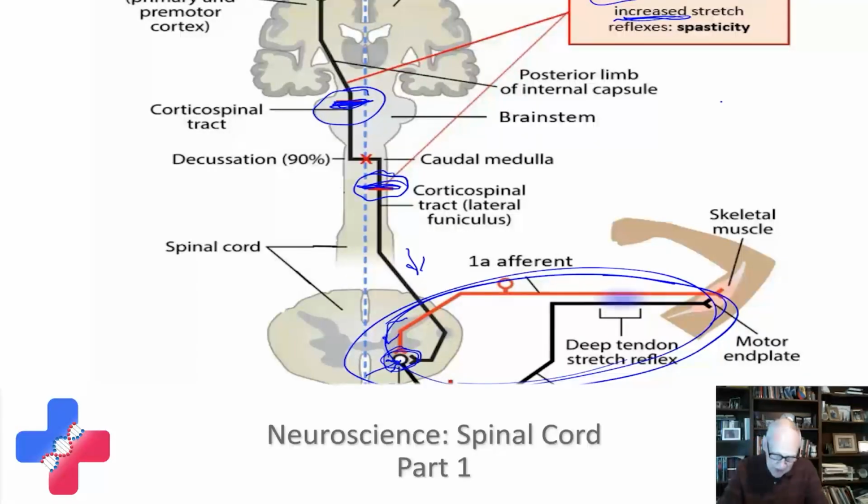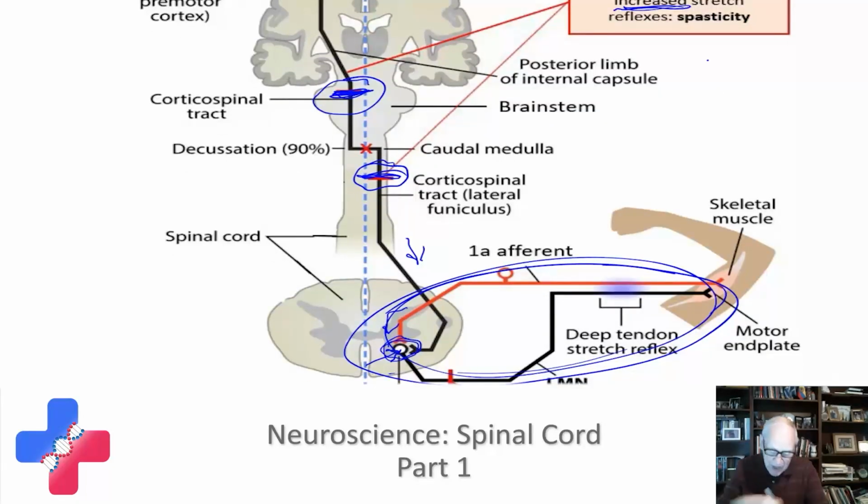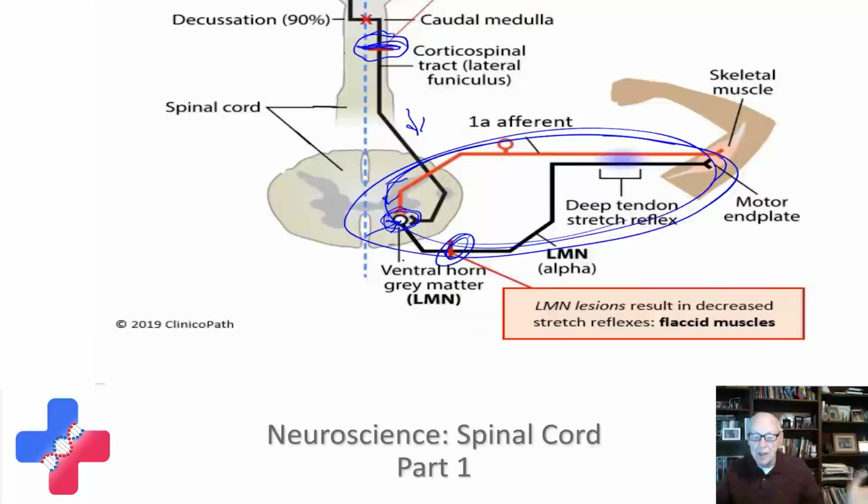But notice if you have a lower motor neuron lesion here, if you knock out the alpha, I don't care what you do with the central pathways or the 1A or the corticospinal, if you don't have an alpha, you can hit my biceps tendon all day long and you're going to get a very minimal or no response. So notice that is what's referred to as flaccid. These are decreased activity of the stretch reflexes.